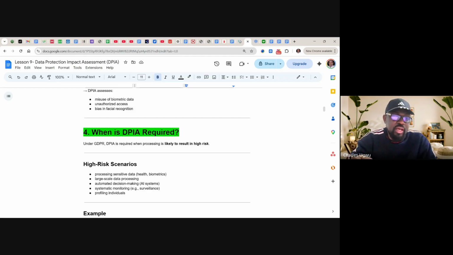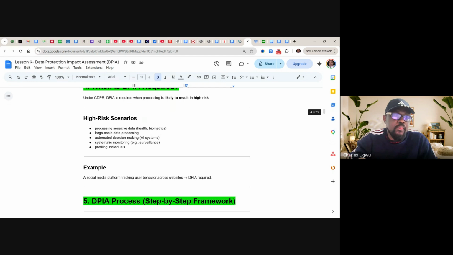Under GDPR, that is the General Data Protection Regulation, a data protection impact assessment is required when processing is likely to result in risk. So for any data that is likely to result in risk, we carry out a data protection impact assessment.